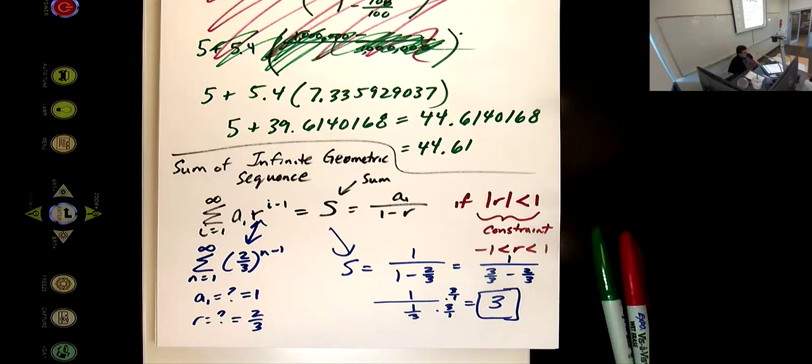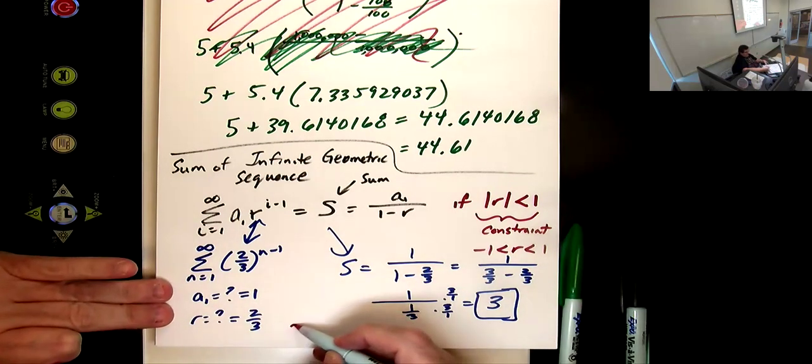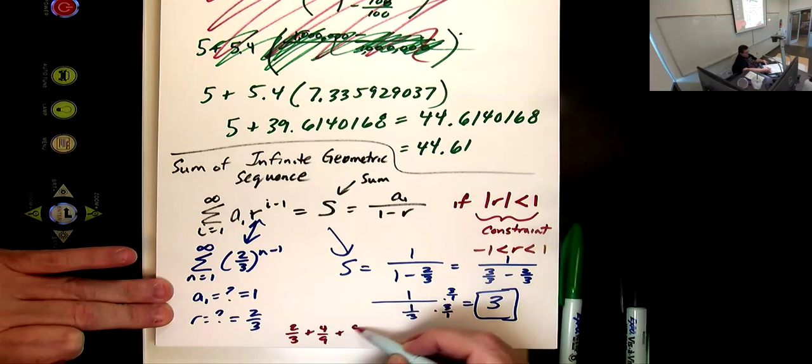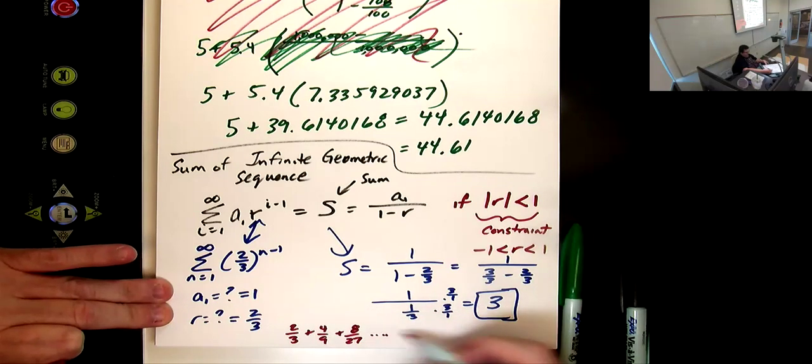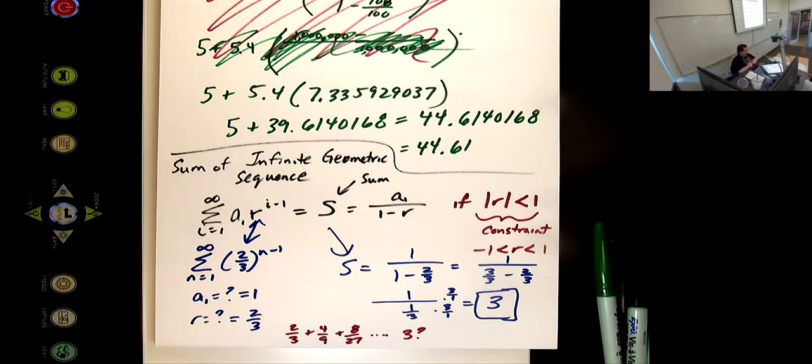That's the sum of the entire series. That's deep. It's weird that you could take this, 2/3 plus 4/9 plus 8/27 plus and so on, and somehow that gets to 3. Is that not a WTF? That's true.